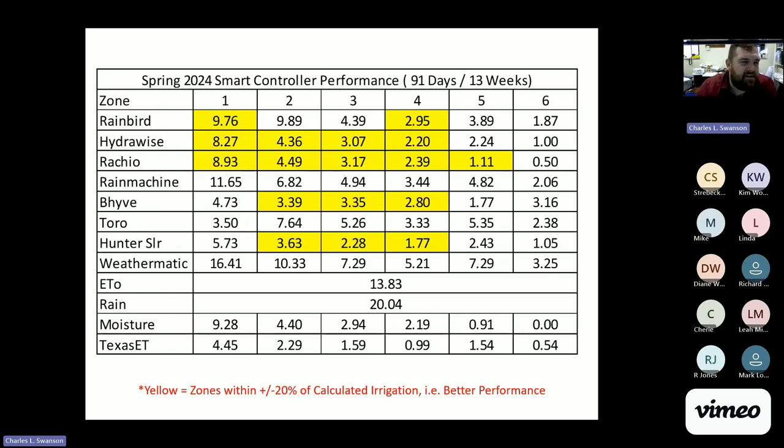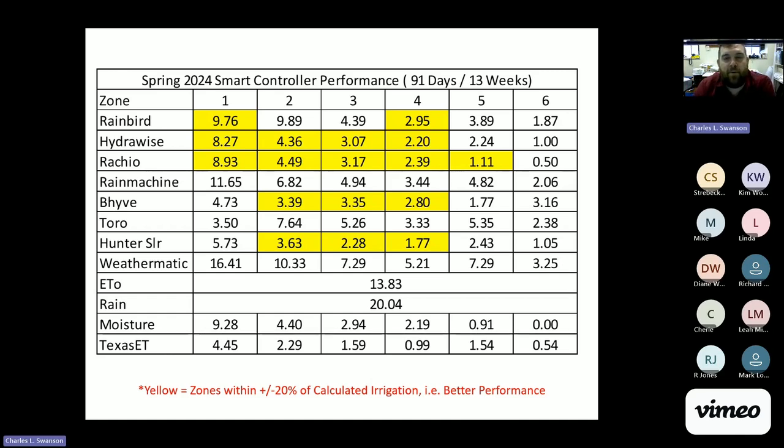And when we quantify that, we can look at these numbers here. I don't expect you to look at these numbers in too much detail. But what I've done is I've simplified this a step, and I've highlighted the values that are within 20% of our calculations. And so if they're in yellow, that means they're doing a pretty good job.